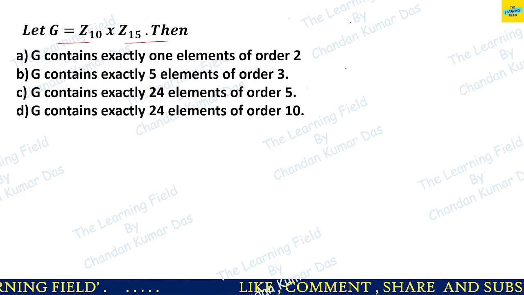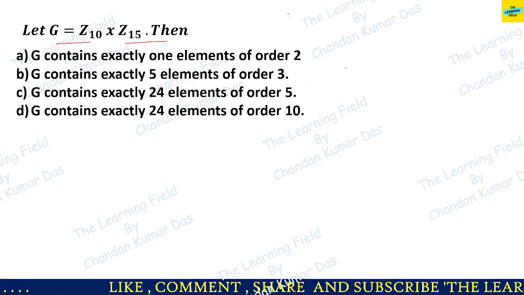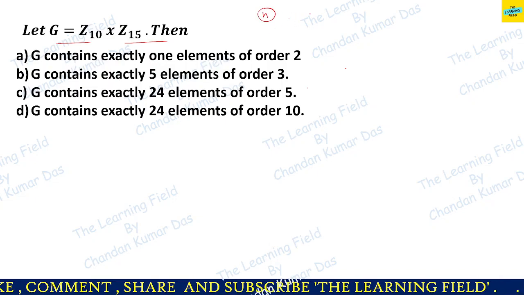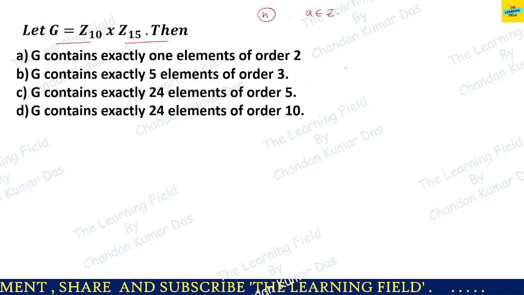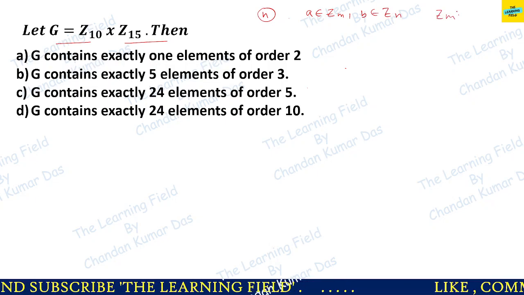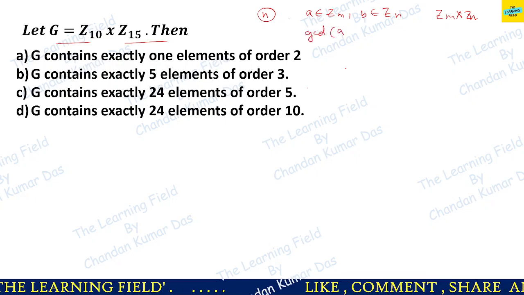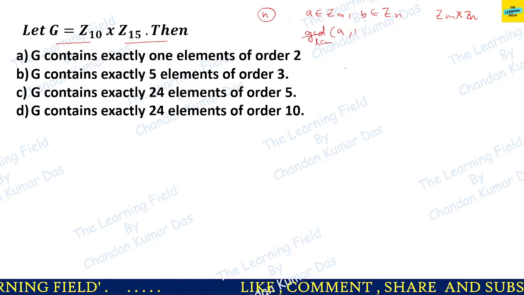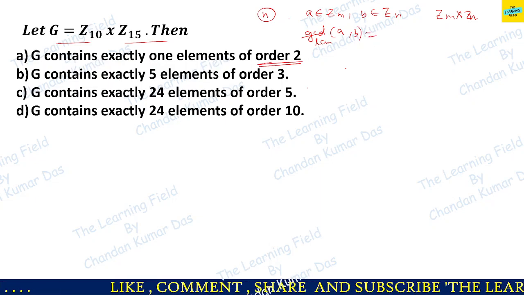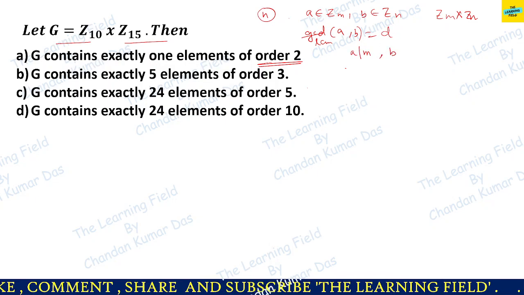We all know how to find the elements of this. To find the elements of a given order in Zm cross Zn, there exist a from Zm and b from Zn, such that the LCM of a and b is equal to the required order, suppose d, where a divides m and b divides n.